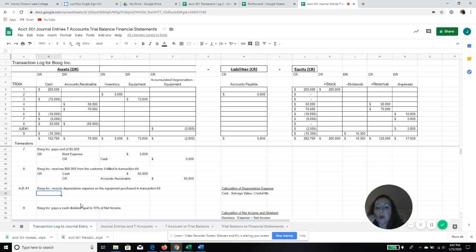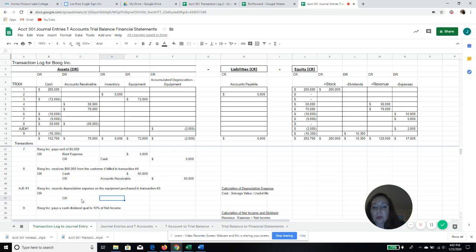We are going to record our depreciation expense. This is AJE number 1. Accumulated depreciation has a natural credit balance, and we increased it, so we want a credit. It is a contra asset account, and this account basically decreases the value of our equipment.